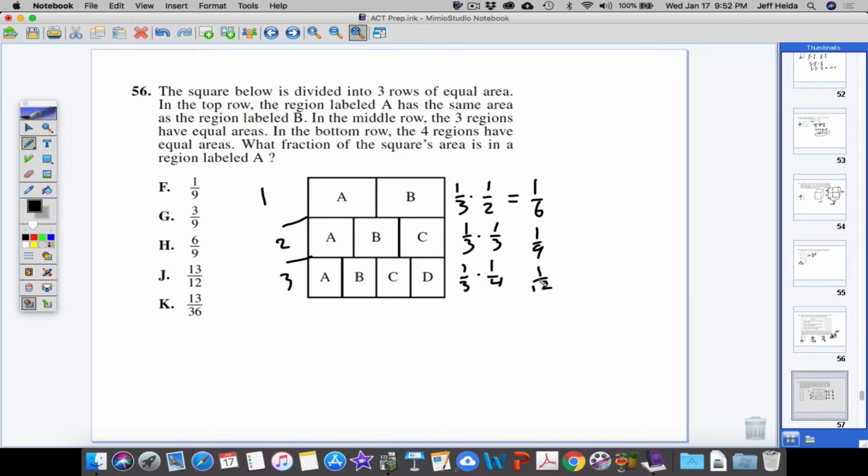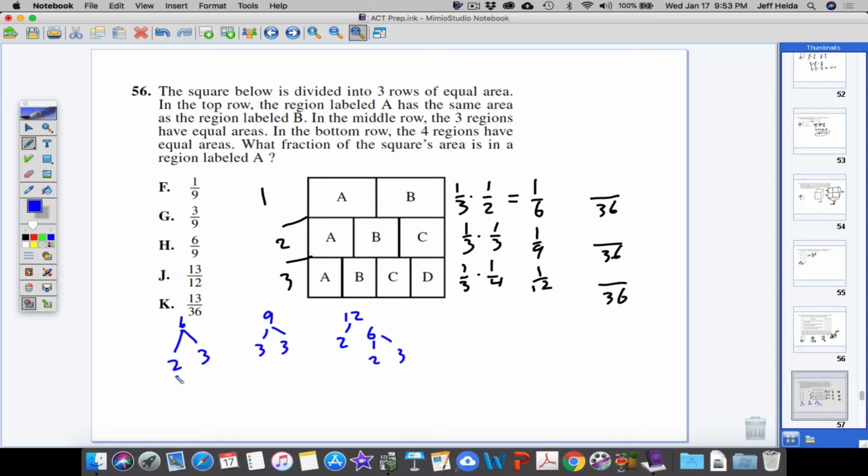Now we need to get a common denominator, and the common denominator is going to be 36. And how did I find 36 as the common denominator? Let me just go off to the side and show you how I do this. So 6 factors down to be 2 and 3. 9 factors down to be 3 and 3. 12 factors down 2 times 6, 2 times 3.